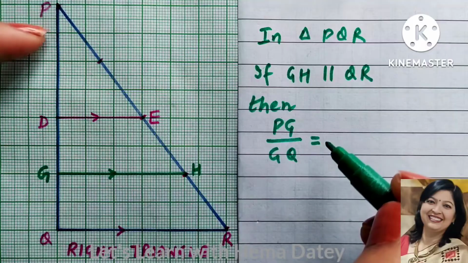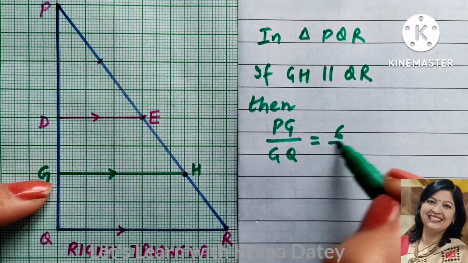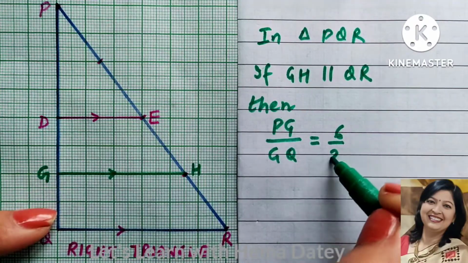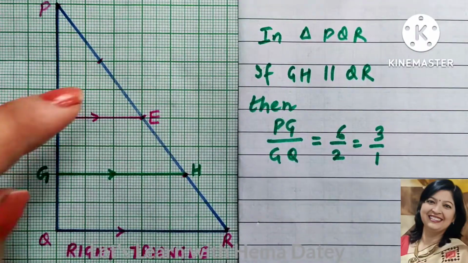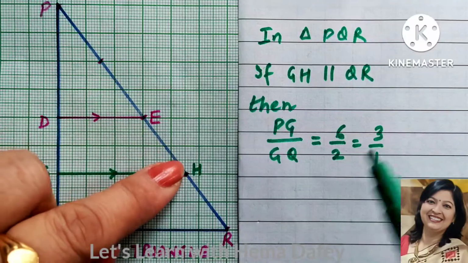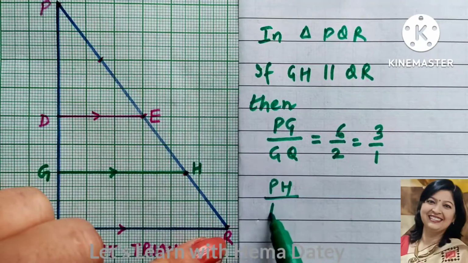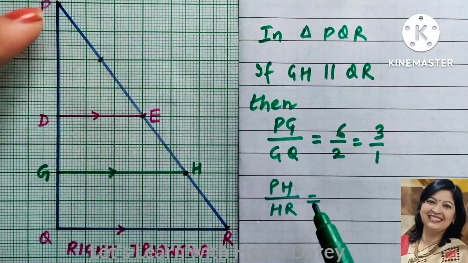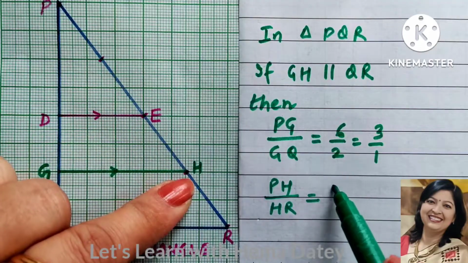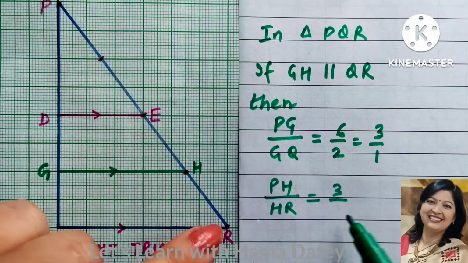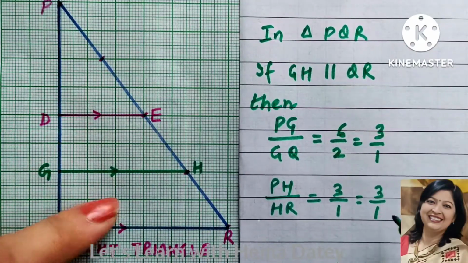Here PG is 6 units, 1, 2, 3, 4, 5, 6, and GQ is 2 units and their ratio is 3:1. Let's find out ratio of PH and HR. We can see PH has 3 equal units or 3 equal parts and HR has 1 equal part. So the ratio is 3:1.